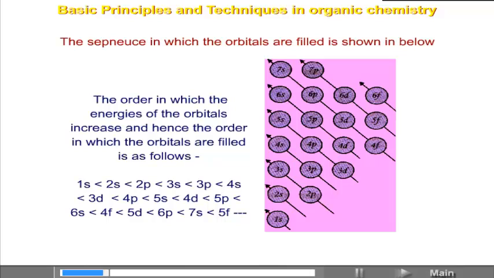The order in which the energies of the orbitals increase, and hence the order in which the orbitals are filled, is as follows: 1s < 2s < 2p < 3s < 3p < 4s < 3d < 4p < 5s < 4d < 5p < 6s < 4f < 5d < 6p < 7s < 5f.